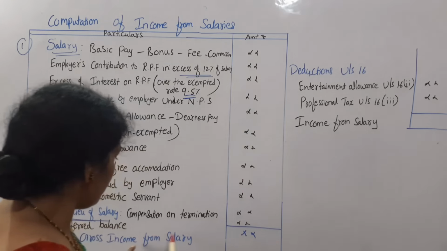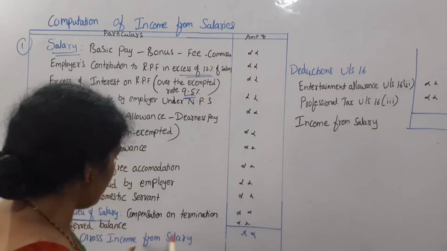First is entertainment allowance, which comes under section 16 subsection 2. Please remember, very important, these 2 points. Entertainment allowance, if anything is there, is to be given exemption as per section 16 subsection 2.